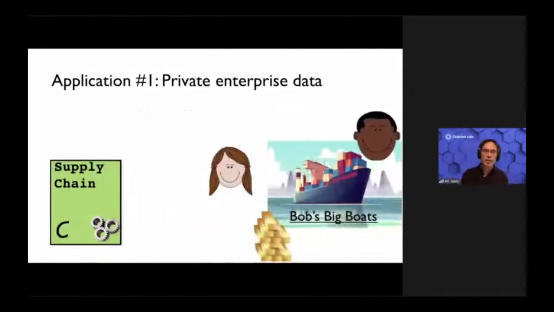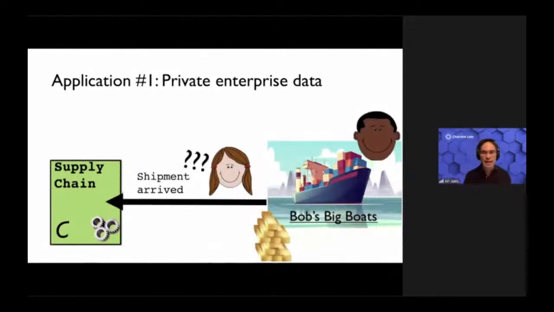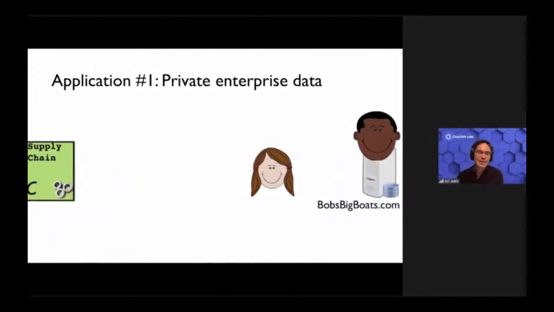Now, Alice is shipping these bars using a service called Bob's Big Boats. Somehow, she needs to get data about the shipment of the gold bars from Bob's Big Boats to the contract in a trustworthy and confidential way. You can easily see how she can use DECO for this purpose.